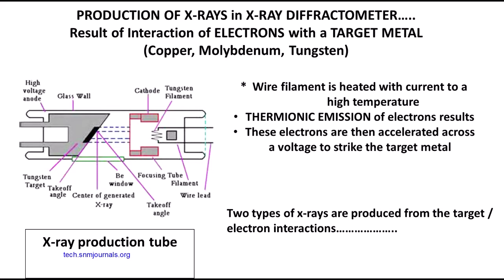Since the X-rays leave the tube through an X-ray transparent window, essentially a port, they emerge out of the tube through the port and can be directed towards the sample that we're going to undergo X-ray diffraction.